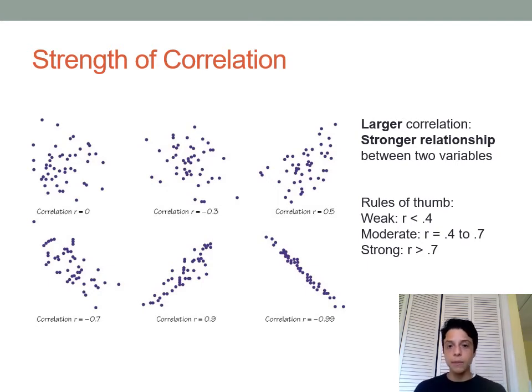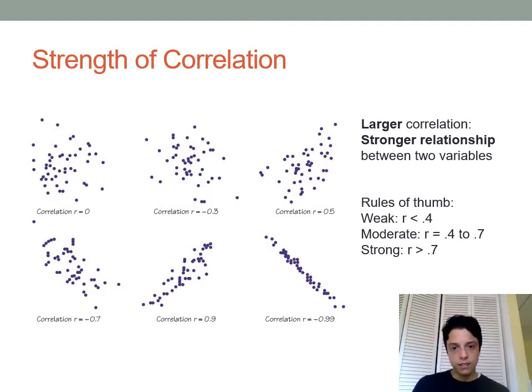If it's low, the other one's going to be high. You don't have any cases where both of them are high or both of them are low. It's always either high and low or low and high. And so when you have a strong correlation, you can do a really good job of predicting one variable from the other variable.